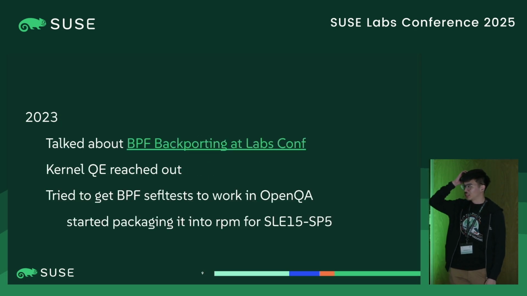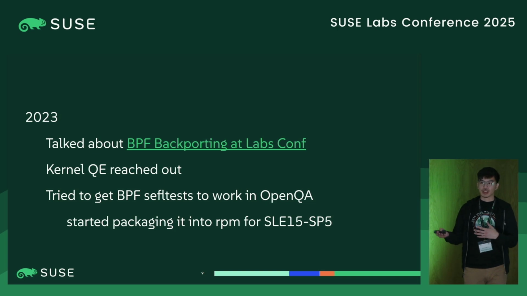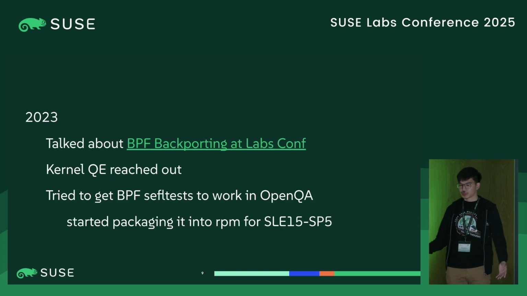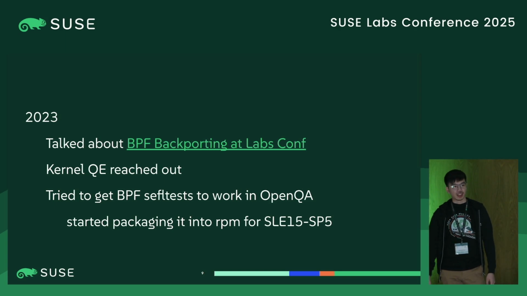So in 2023, I was finally able to come to LabsConf and talk about how I backport BPF. During the talk, I mentioned that I am backporting BPF self-test patches to our kernel. So the kernel QE team reached out and said, hey, that's an interesting work. We'd like to get BPF self-test tested as part of the kernel QE workflow on OpenQA.